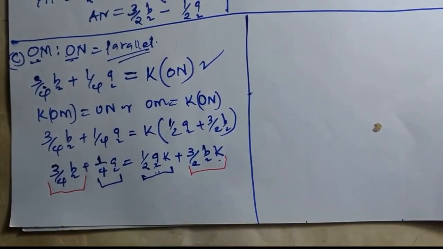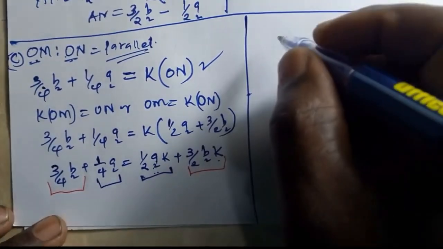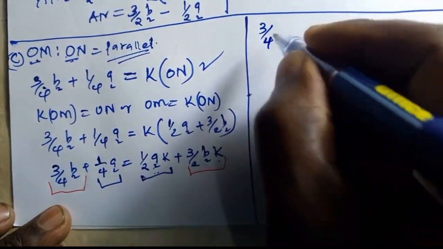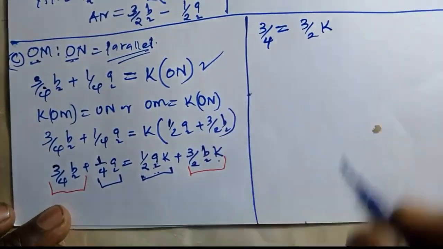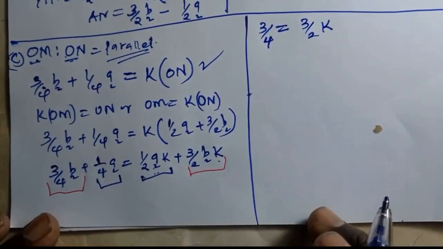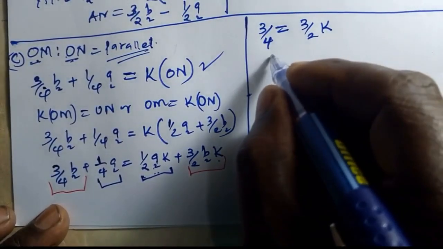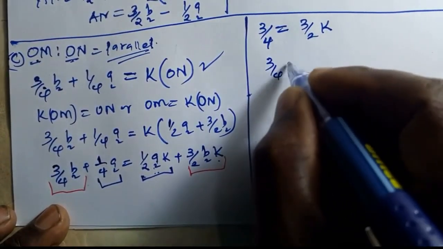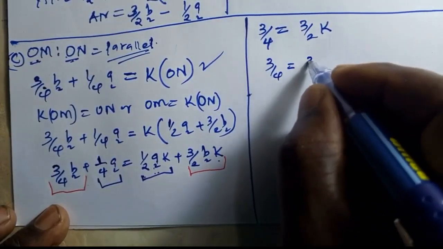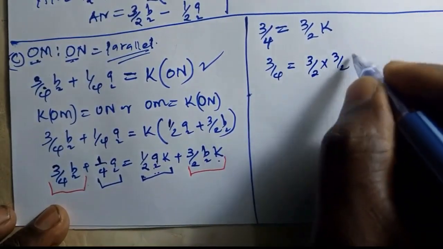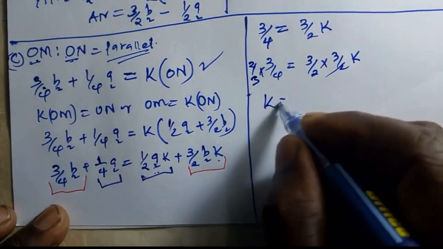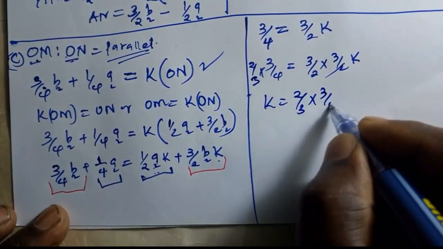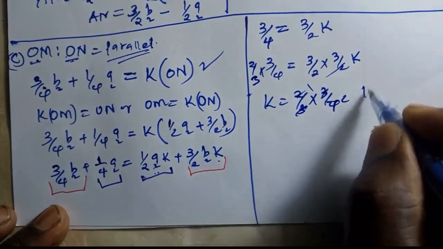So we compare those ones that have the same vector, B or A. So we are going to say now that 3 over 4 B, when we ignore B, will be equal to 3 over 2 K. Now that one is going to give us the value of K. So 3 over 4 is equal to 3 over 2 K, times reciprocal 2 over 3. So K is equal to 2 over 3 times 3 over 4. So K is equal to a half.